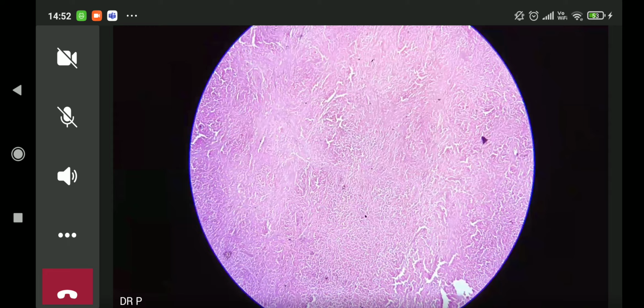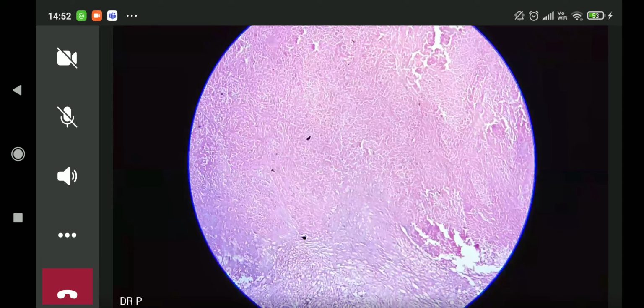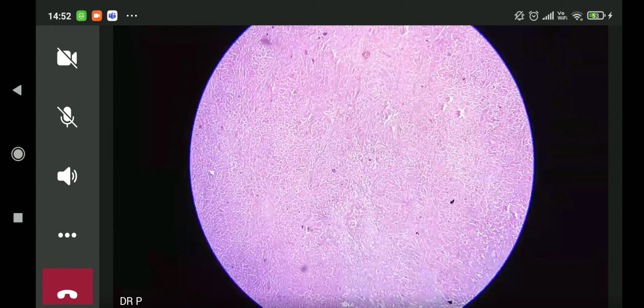Long-standing cases can even have deposition of osteoid or other things when the necrosis is very, very long-standing. That's a different story altogether. And if you read up later on, you find that even amyloidosis is seen in tubercular lymph nodes, but that again is a very, very chronic story.